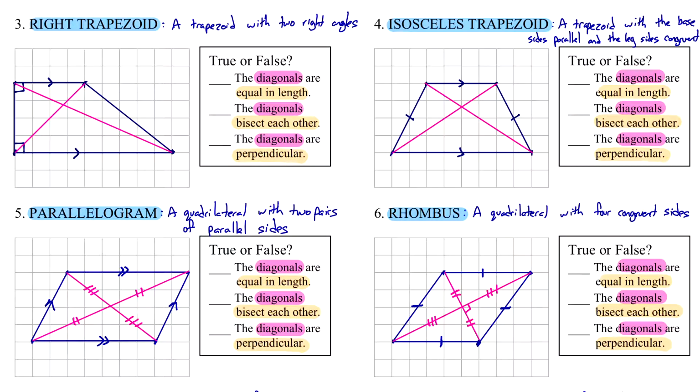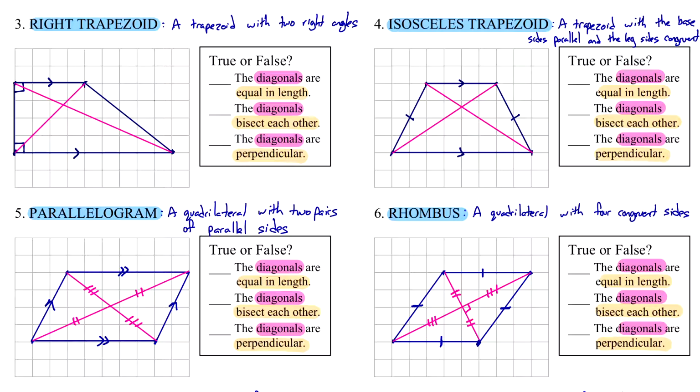The parallelogram has two pairs. Anything that's considered a parallelogram has two pairs of parallel sides. So you should notice the notation with the arrows. I think I mentioned that before in the other notes. Matching arrows mean parallel lines. Since there are two pairs, we use a single arrow and then a double arrow just so we can tell them apart.